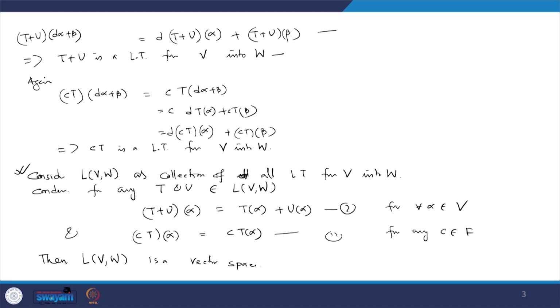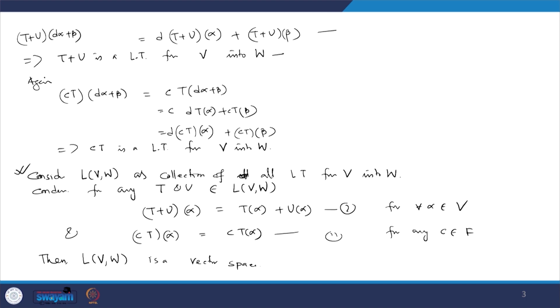Now, my collection L(V,W) here is basically the collection of all linear transformations. This is also a function, but it has a special nature. What is that? Each function belonging to L(V,W) is a linear transformation.